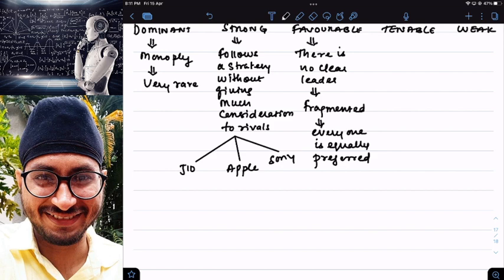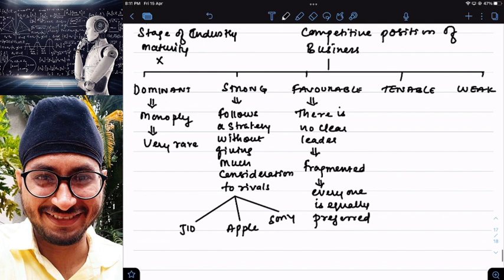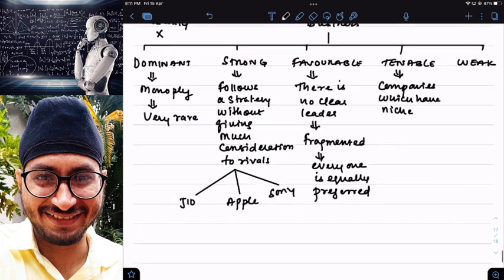I hope you understood. Then we have tenable. Tenable means companies which have a niche. Niche means very rare type of customers, or you can say they are targeting very rare type of customers.